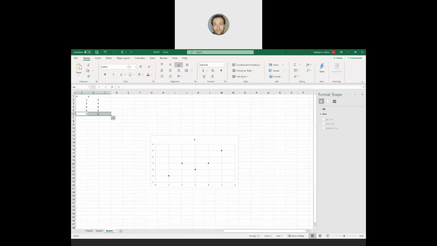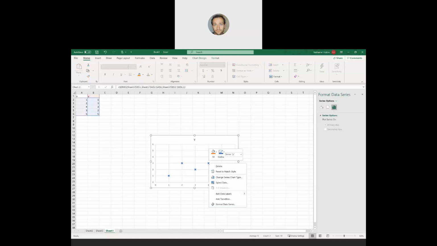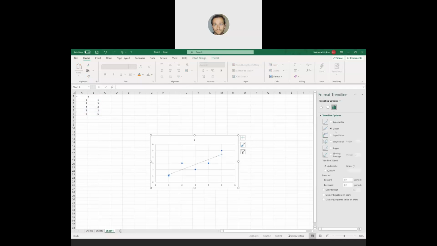If you want to draw the line, you take any point, right-click, and add a trend line. There are different trend lines that you can draw. We're talking about linear regression. There are more types of regression. I might cover some of these next class, not this one.